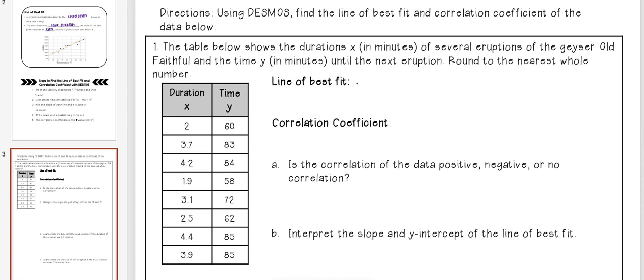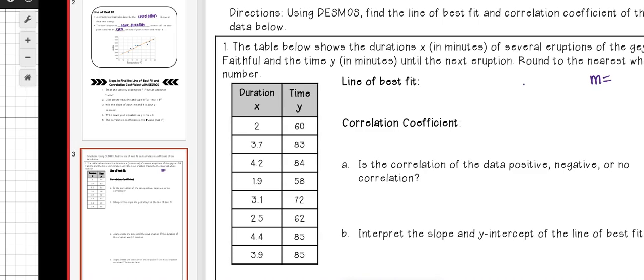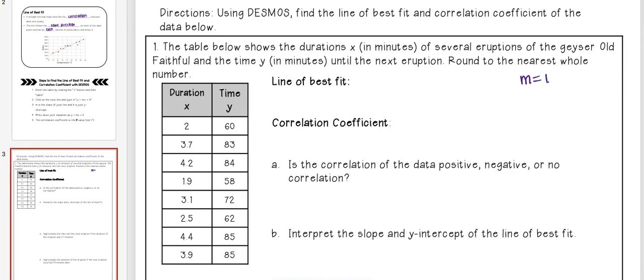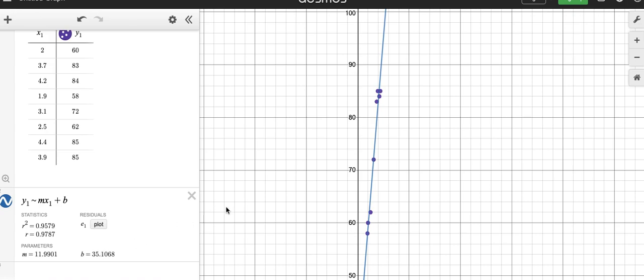Okay, so my line of best fit, we found that the m value was 12, and the b value is 35.